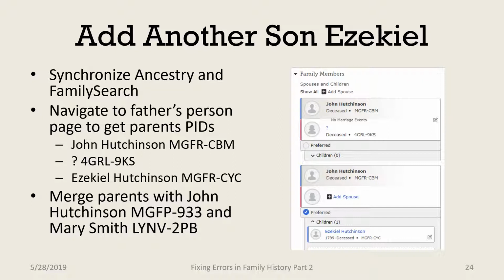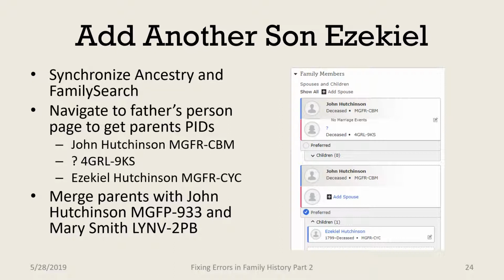I use this information to merge the parents with John Hutchinson MGFP-933 and Mary Smith LYNB-2PB as described before in this video. I pasted duplicate record with christening record of son Ezekiel Hutchinson, MGFR-CYC, as the reason statement for the merges.